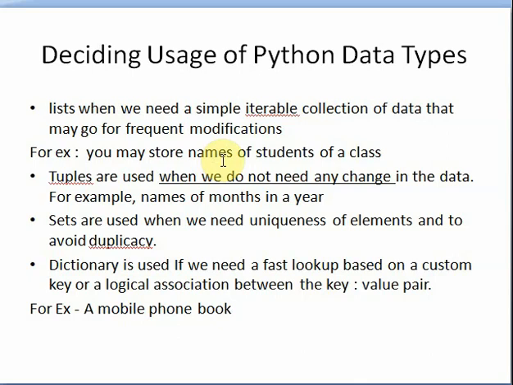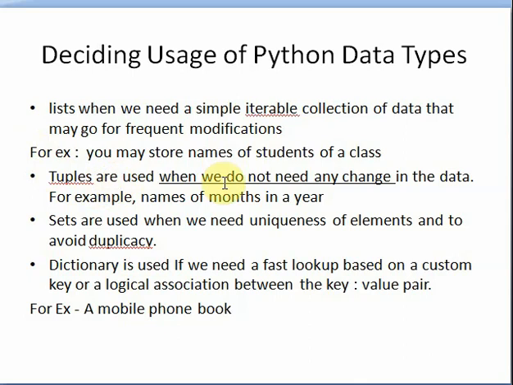Because if there is new admission, you have to add that student name in a list. So list can be changed. So you have to choose list data type to store the name of students in a class. Okay. So these are the situations you have to study which data items are going to change and which are not. According to that, decide the data type.